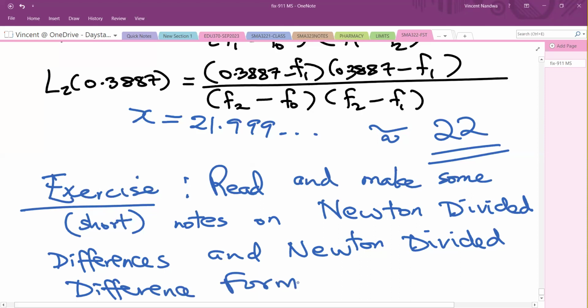Please note that Newton divided differences are not directly the same as the differences we have been defining in the previous chapter. So read and see how we define the Newton divided differences and also the formula used for carrying out interpolation using Newton divided differences. I'll supply some material that can help you to do that.